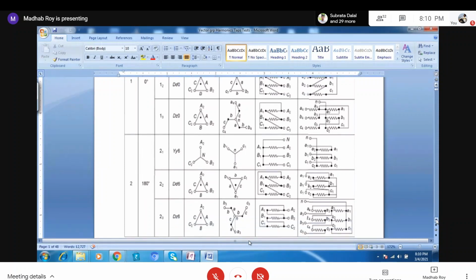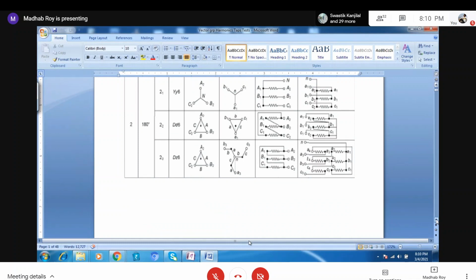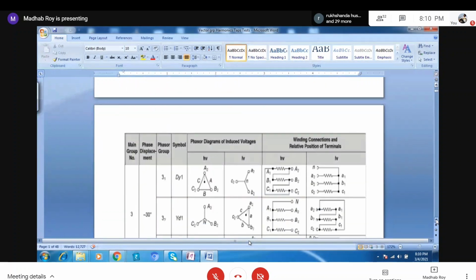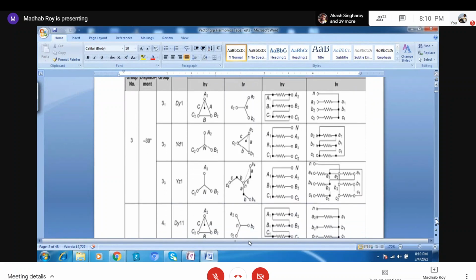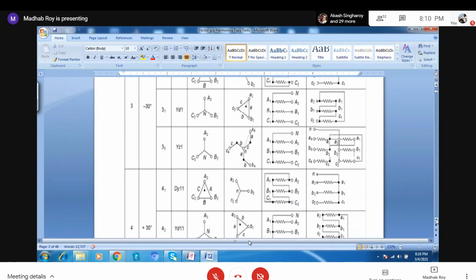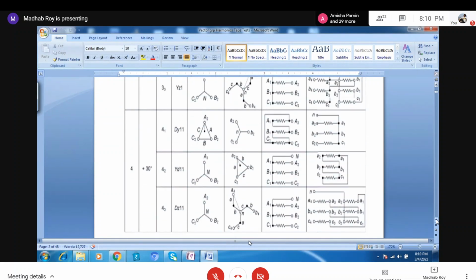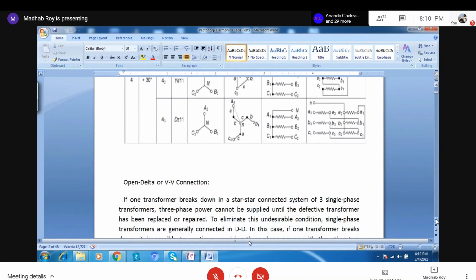And similarly YY6, we have seen what is YY6, and then the DD6 we have also observed, and then DZ6. So how to make the DZ6? One example has been done. Similarly, other connections we have found: DY1 and YD1 and YZ1. So DY11 and the YD11. So DZ11. So these are the connections.